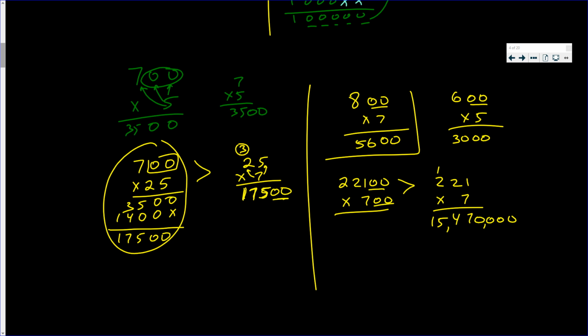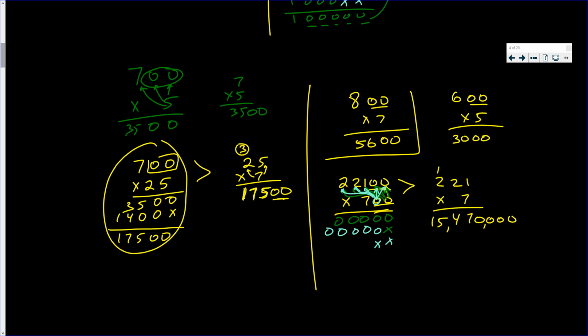It's a lot easier than going 0 times 0 is 0, 0 times 0 is 0, 0 times 1 is 0, 0 times 2 is 0, 0 times 2 is 0, indent, and then use the other 0. 0 times 0 is 0, 0 times 0 is 0, 0 times 1 is 0, 0 times 2 is 0, 0 times another 2 is 0.